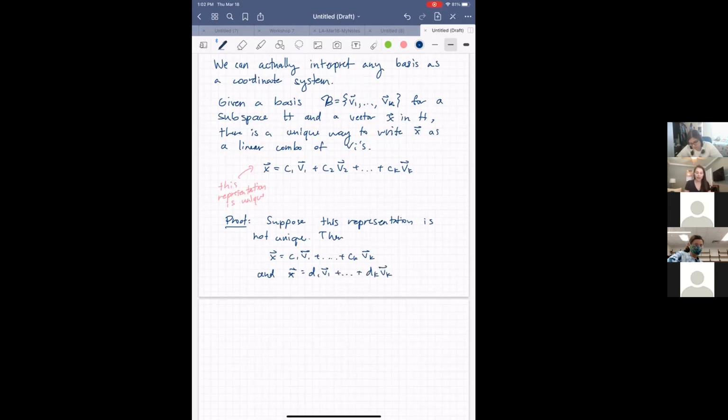Okay, so both of these things are equal to x. So if I take the first thing, c1 times v1 up to ck times vk, and I subtract the second representation, which was d1 times v1.